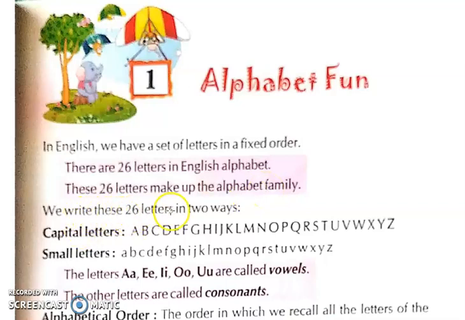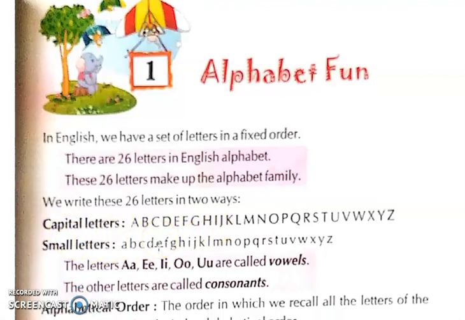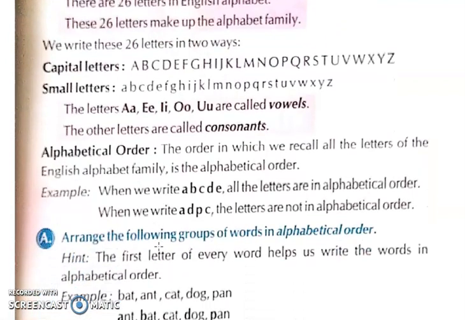Now we can write these 26 letters in two ways, that is the capital letters and the small letters. You all know how to write in the capital letters and in the small letters. Now see, there are some special letters: A, E, I, O, U. These 5 are special.